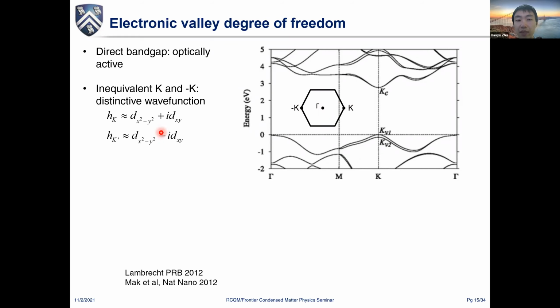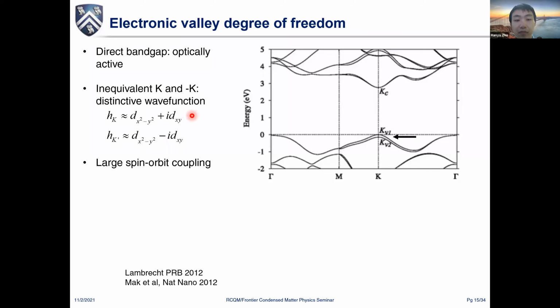And then this inequivalent K and K prime point, or minus K, gives the electrons and particularly the holes different wave functions. You can prove that the electrons have different angular momentum for these two valleys. And that causes a spin-orbit coupling. So the orbit is different, then the spin is also different.